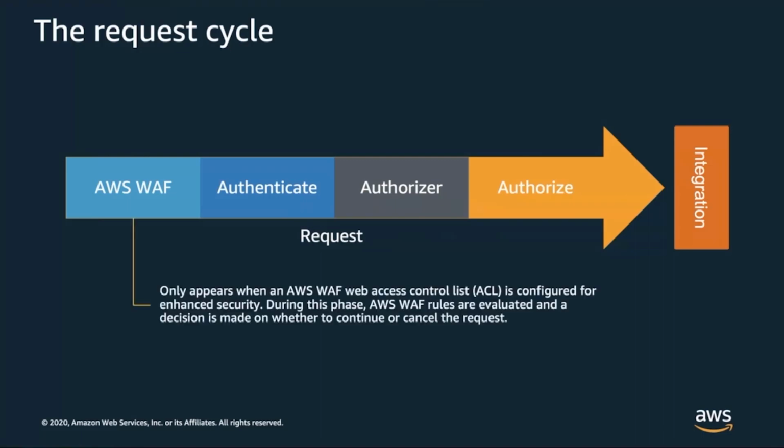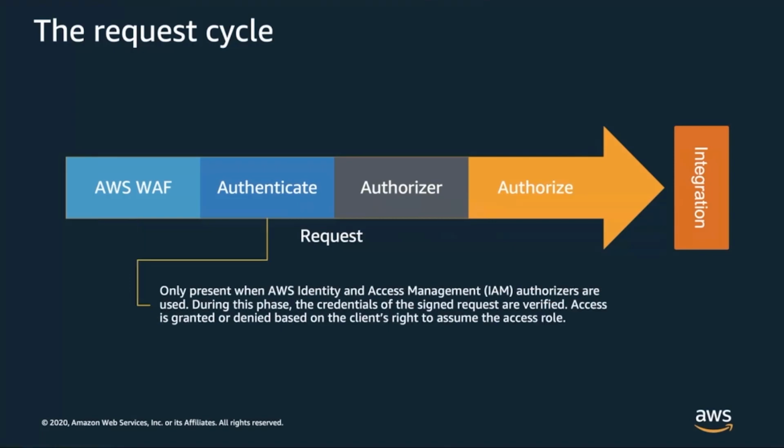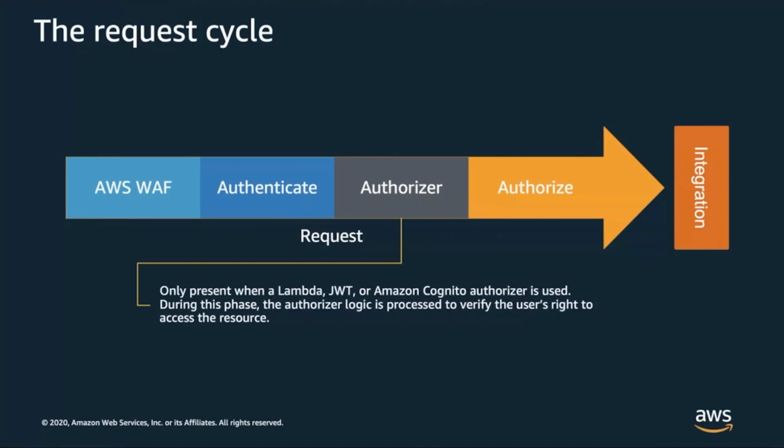So WAF is only going to show up when you have enabled AWS WAF. Again, during this phase, rules are evaluated, and the request could be stopped or discontinued from being able to go on. Authenticate is only a request step that is possible when you are using Identity Access Management, or IAM, as the authorizer for your API Gateway.